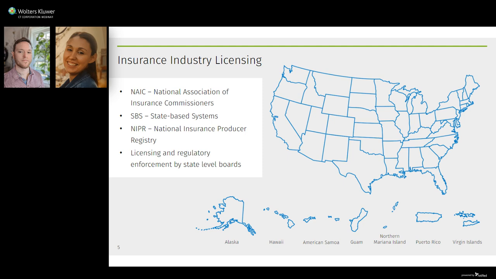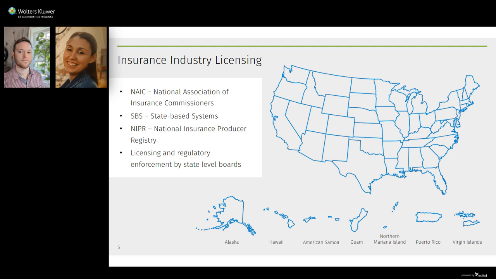It has a license lookup tool where you can verify the licensure of a producer or an agency. It's got tons of different reports that can be accessed, applications for education providers, tools for tracking cases and investigations into noncompliance matters, and tons of other helpful systems, as the name indicates.